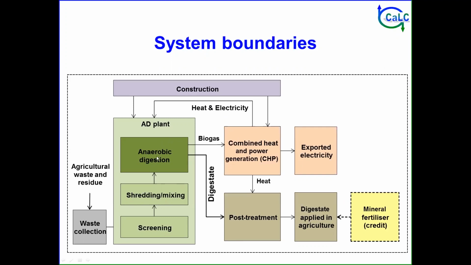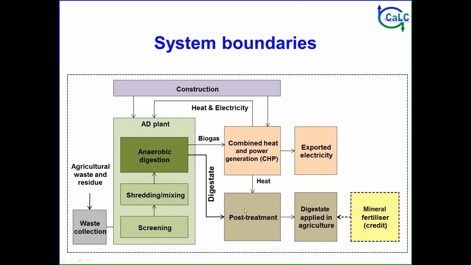During digester operation there will be some emissions which we take into account, but the main output of the digester is biogas, which goes to a combined heat and power plant. Some of the electricity and heat is used within the system, but the remainder will be exported.